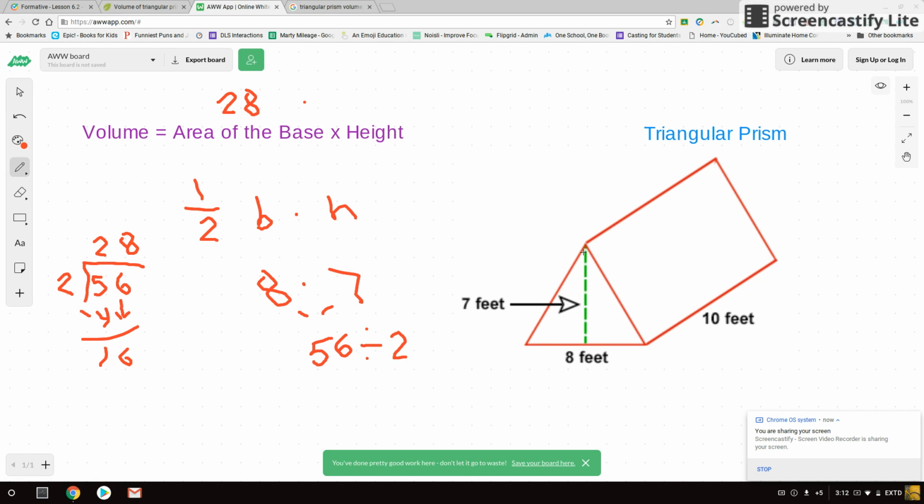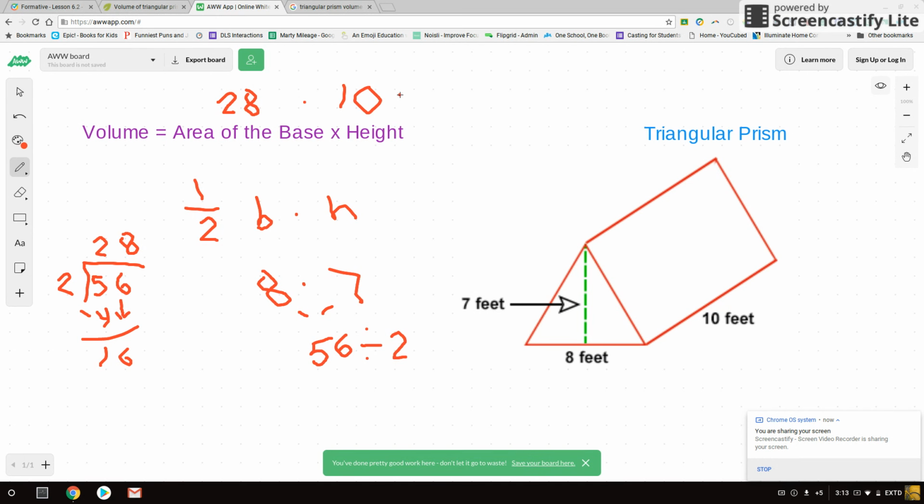So even though this triangular prism is kind of on its side, if we were to set it on a base, which would be the triangle facing down at the table, the other base would be directly above it, and there would be 10 feet in between that. Okay, so think of that height not as how tall it is, but what is the distance between the two bases. All right, so we have 10.